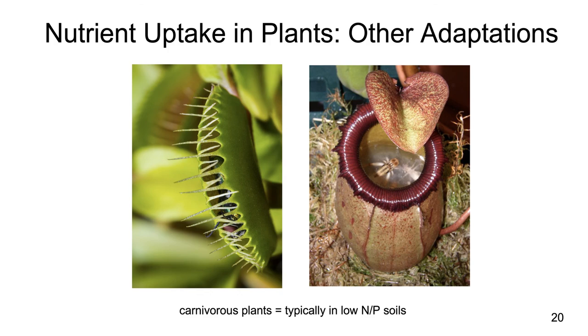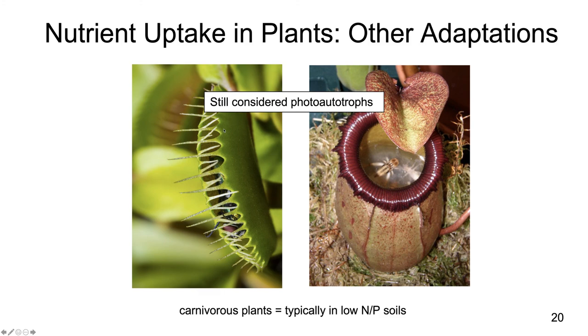An important point to drive home here is that although these plants are consuming another organism to get that nitrogen and phosphorus and these other essential nutrients, these plants are still considered to be photoautotrophs. You can see, for example, this Venus flytrap, it's green.